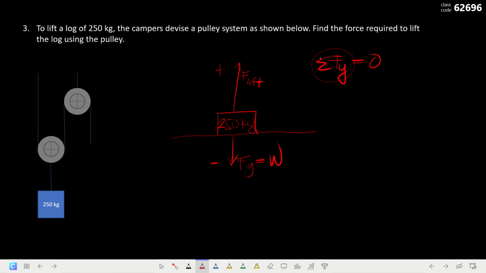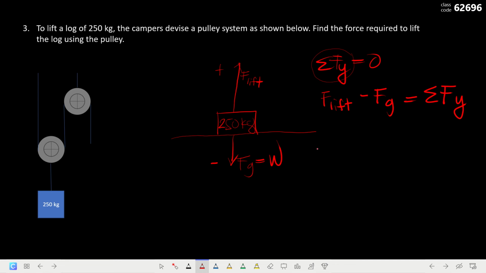Therefore, the summation of forces along the y-axis, or the net force along the y-axis, is the force of lift plus negative force due to gravity, or simply minus force due to gravity.